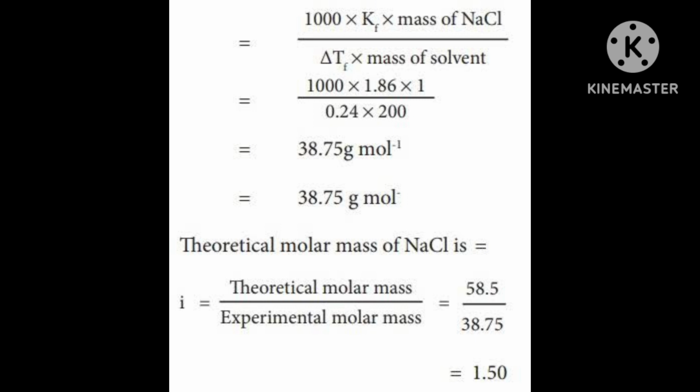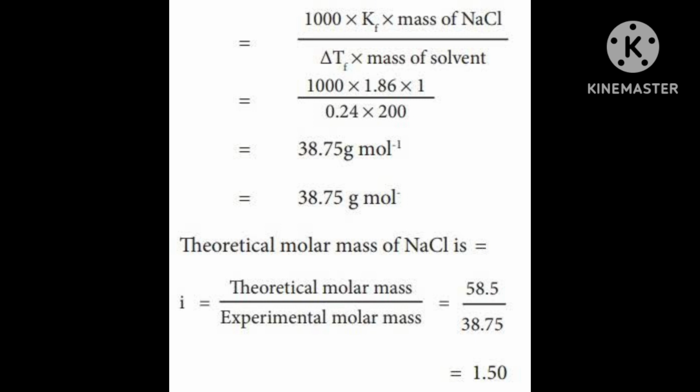Then next thing is given, depression in freezing point is given, 1.62 Kelvin. And again Kf value they have given. Molar depression constant of benzene is 4.9 K kg per mole.